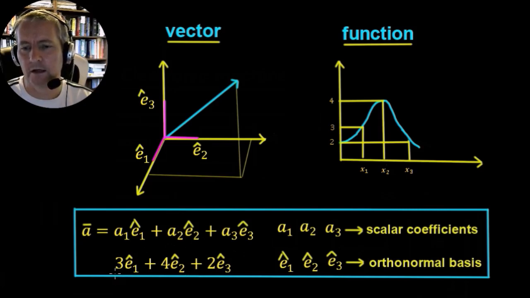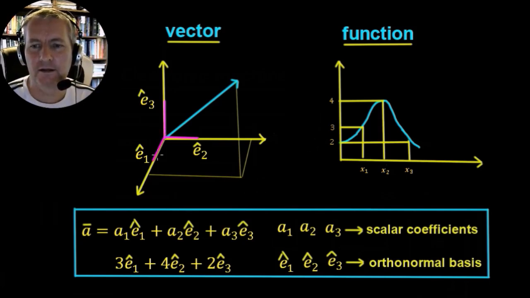It would have height 3 at x1, height 4 at x2 and height 2 at x3. So potentially we could say that this directed line segment, or this vector, or a single point in this 3-dimensional vector space would represent this simple digital function which is only 3 points.